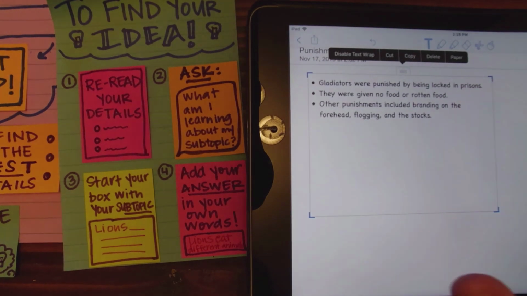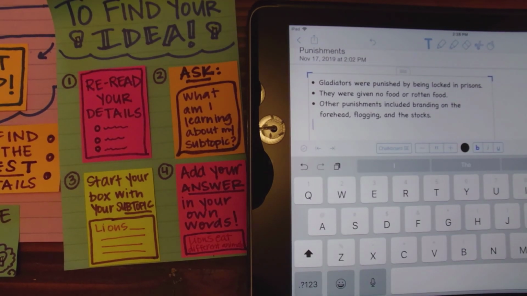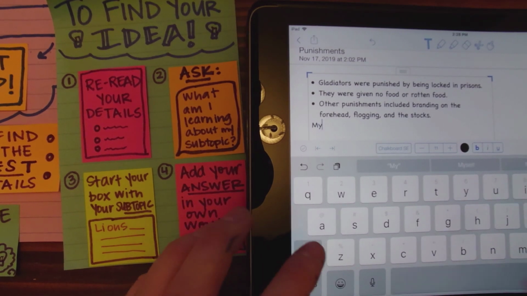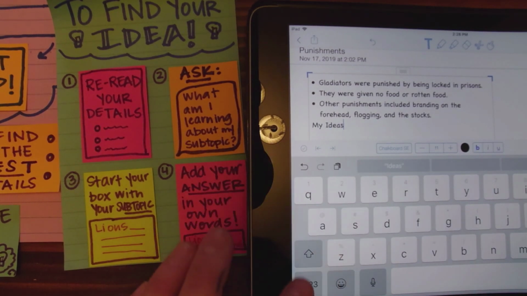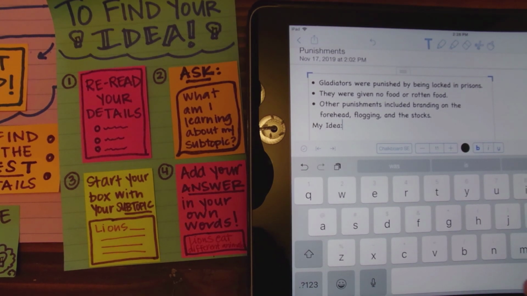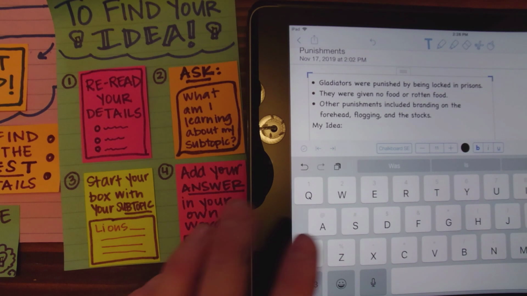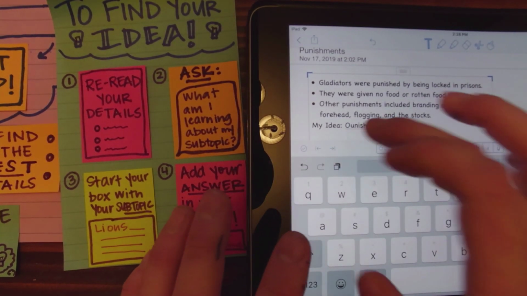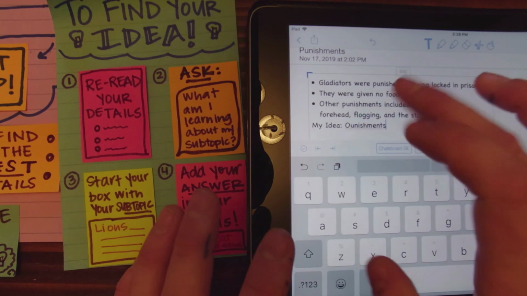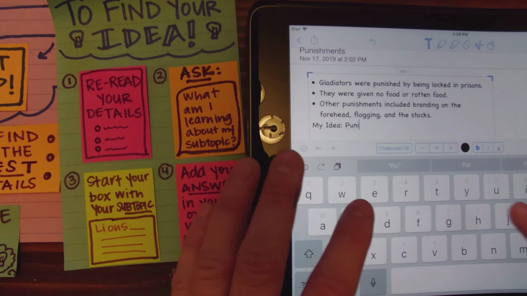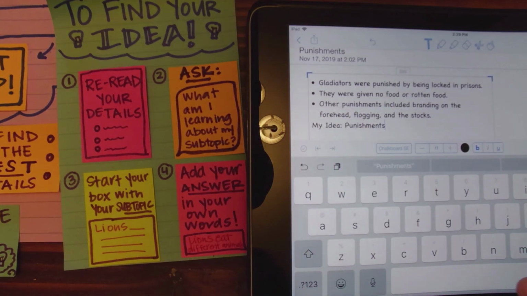So, one easy way to get myself started is by just putting my subtopic in to get me thinking. My subtopic is punishment, so I'm going to put that in, punishments. And let me think.